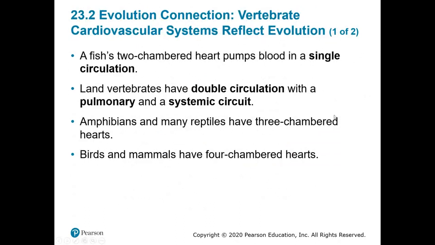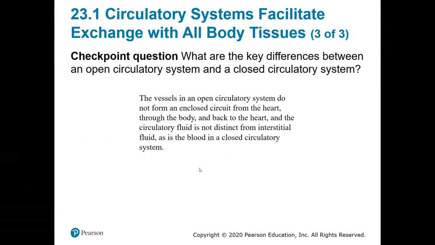A fish 2-chambered heart pumps blood in a single circulation. So again, we don't have that double circulation like we see in a human. You know, we have a 4-chambered heart, we have a systemic circuit, and then we have a pulmonary circuit where we have 2 different distinct blood flows. All right. Within a fish, we only have a... where did fish go?